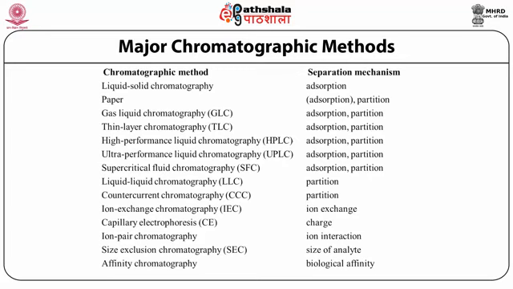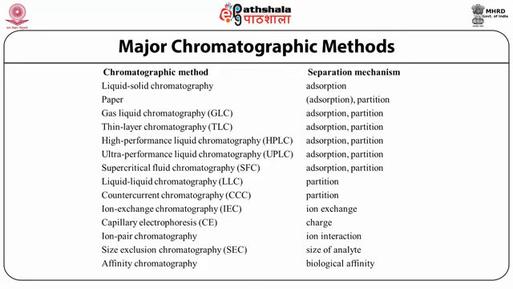This slide provides you a list of chromatographic methods along with their separation mechanism. As you can see at the top, solid liquid chromatography has adsorption as the separation mechanism, which is the basis of several chromatographies, like column chromatography. Then we have a very old chromatography called paper chromatography, which is amenable to both adsorption and partition mechanisms.